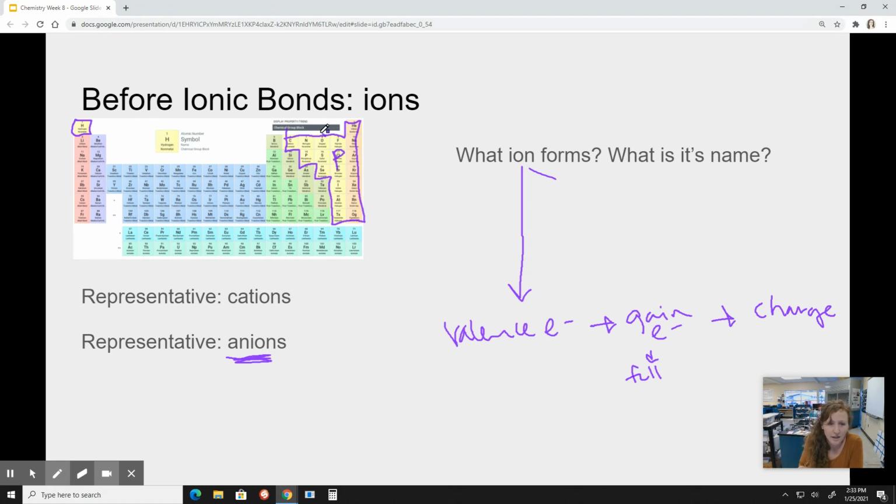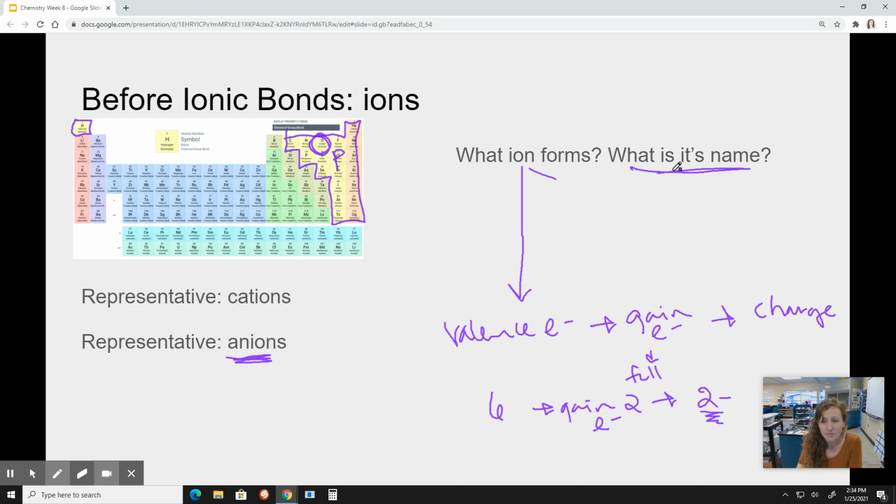So if we look at oxygen, for example, oxygen has 6 valence electrons. It's going to gain 2 to have a full octet, and therefore it will be a 2-. Remember, it's going to gain 2 negative electrons. If it gains negative things, it becomes negative.